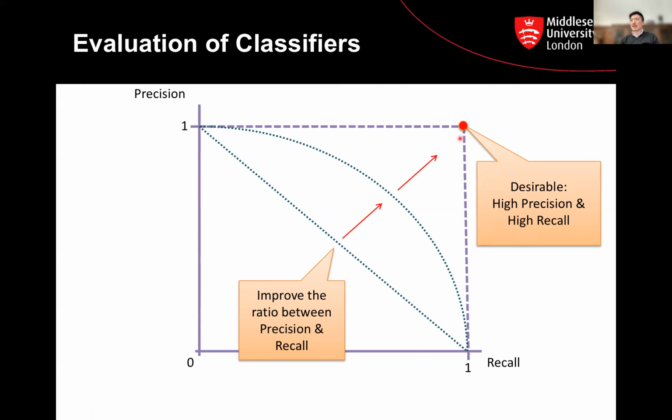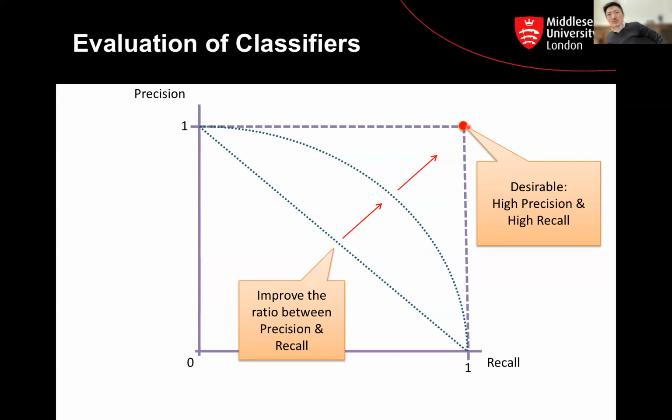And then the ideal case is something like this point here. It has the highest precision and recall, which is not always possible, but that's the desire, that's the ideal case. So usually it starts like this, and you try to push the curves as much towards here as possible.